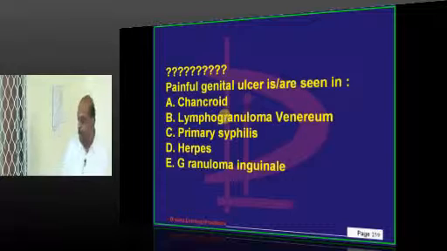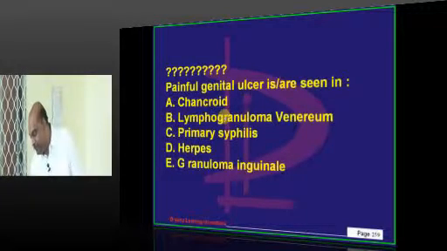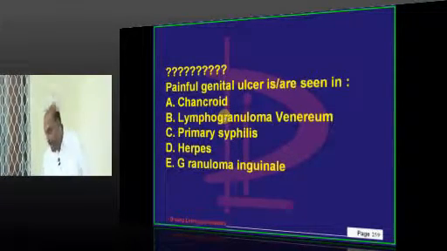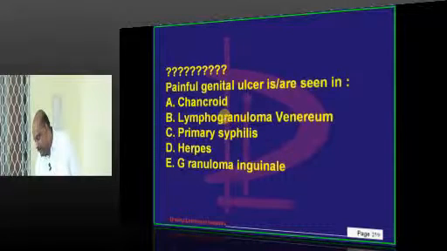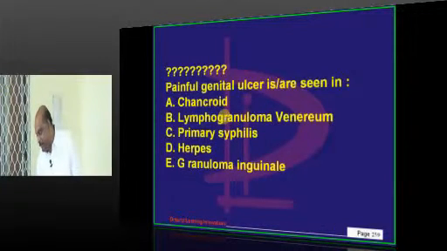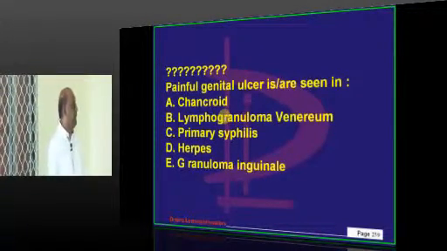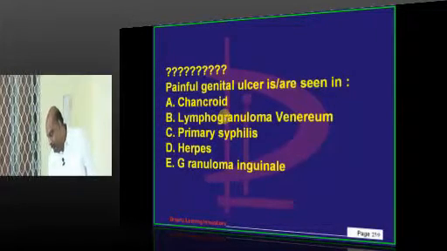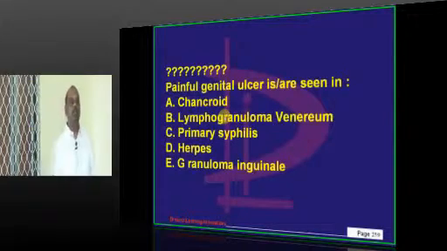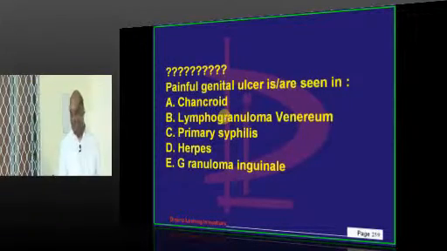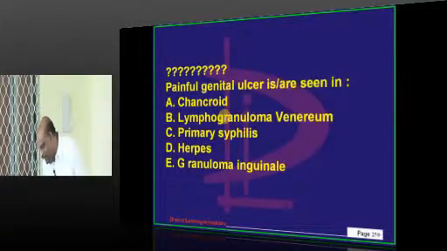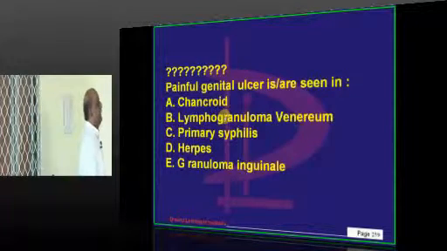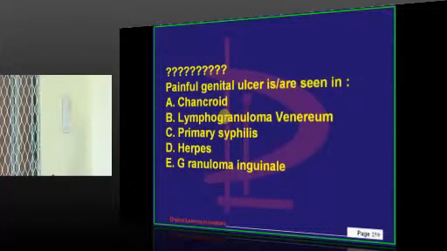Okay doc, who will give me the confident answer? Herpes, Shiva proposes herpes, Tirupati says A, B, D. Madhu proposes A, B, D. Then Anuja proposes A and D. What is your answer? B also, how about B?